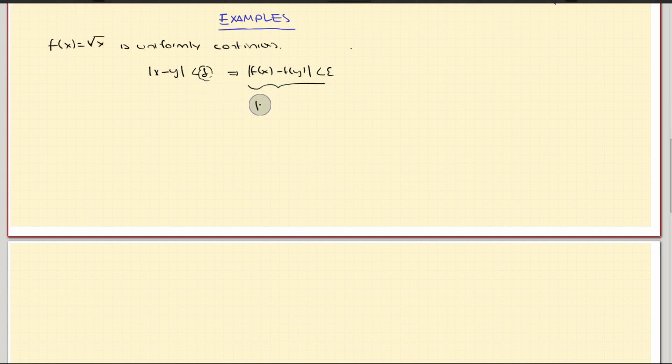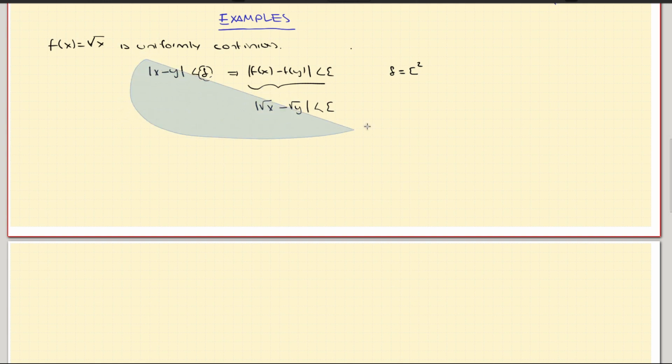Here we want the square root of x minus the square root of y to be less than epsilon. It's not so easy. If you see the solution, it's easy, but finding it can be a little bit tricky. It works if we take delta equal to epsilon squared.